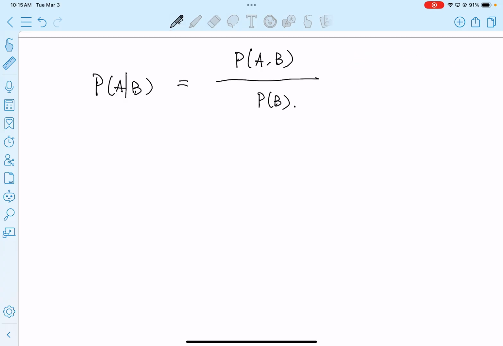I'm just wondering why mathematically we put P of B in the denominator rather than multiplying by P of A and B. I think it's never going to be more than 1 because the joint probability is always going to be less than the marginal. The joint probability of A and B is always less than or equal to the probability of just B. So if you divide like that, it will make sure that it's less than 1.